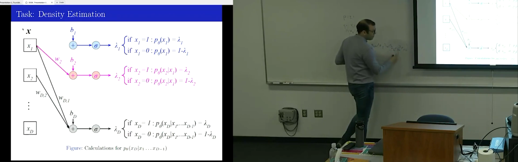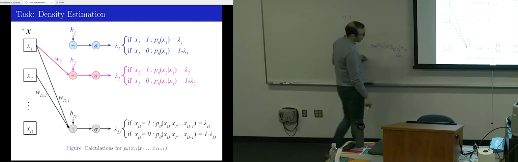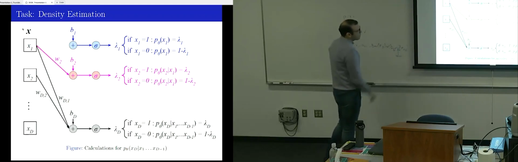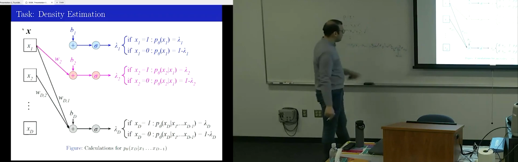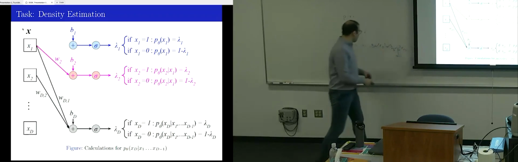D minus 1. Exactly, D minus 1 times 1. It's a column vector. And x less than d is also D minus 1. This is a scalar, so the dimension is okay.